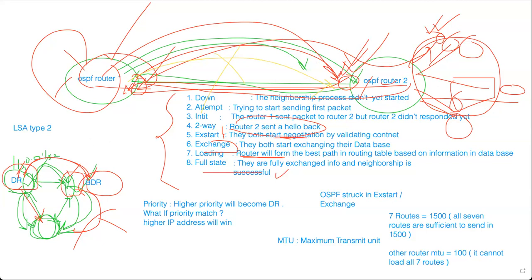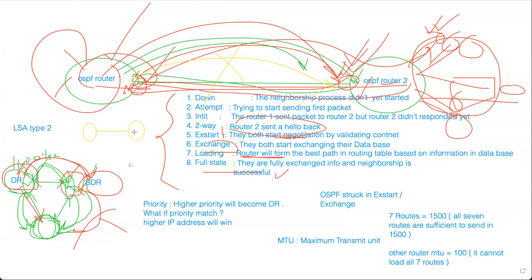So this is when there is a router and there is another router, and you are trying to form a neighborship between them. In this case, do we need a DR and BDR, guys? No. Because there is no way of loop.